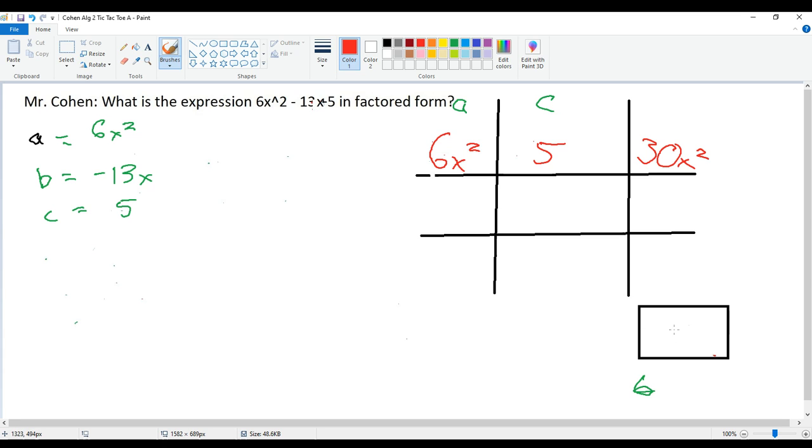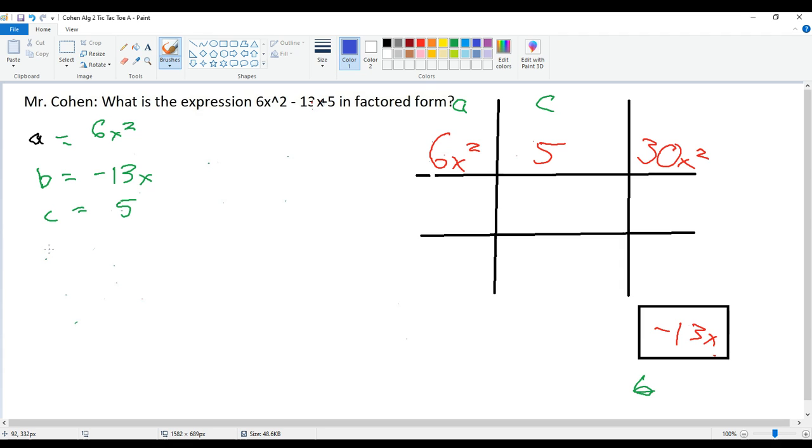In our b term way down here, we'll just put negative 13x. So we're being asked to put the values in our tic-tac-toe box that involve factors of 30x squared so that it multiplies across and adds down.